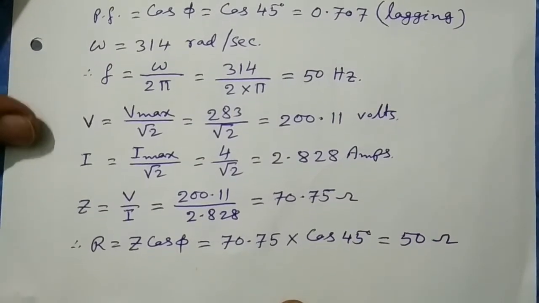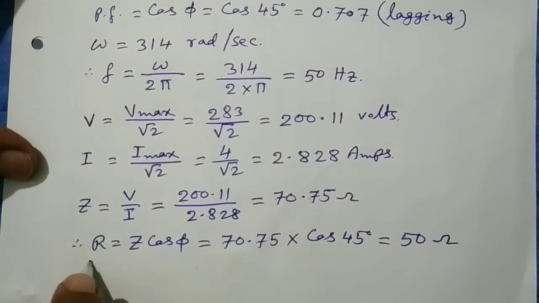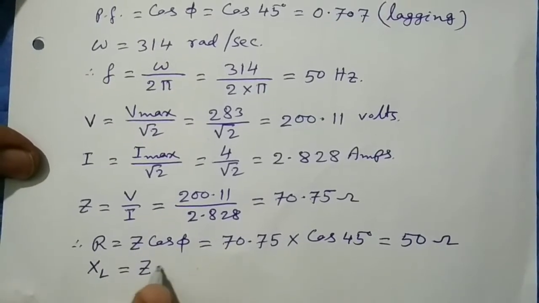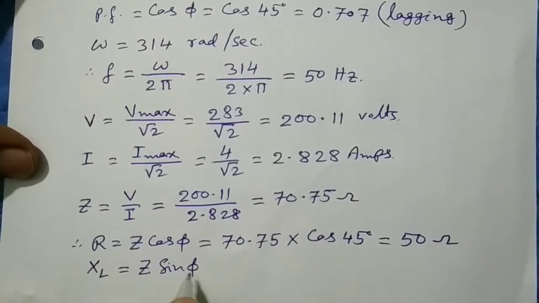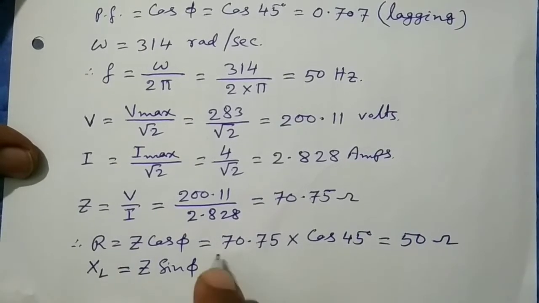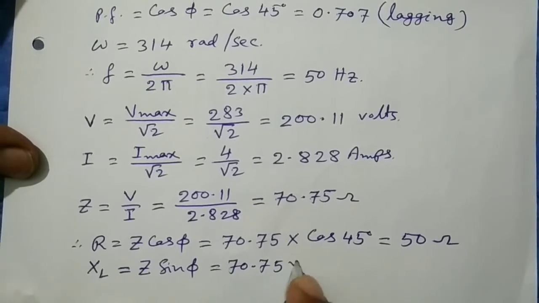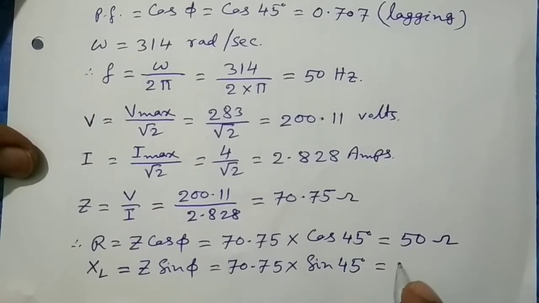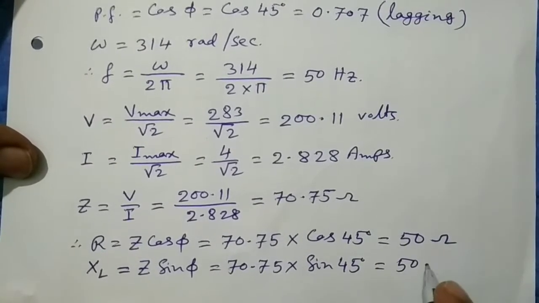Next is the reactance. The inductive reactance will be equal to Z sin phi, again from the impedance triangle. So it will be 70.75 into sin 45 degree, and again the value of XL is 50 ohms.